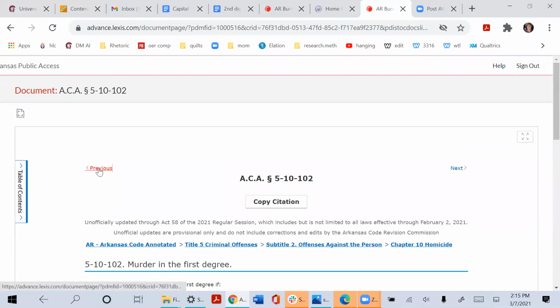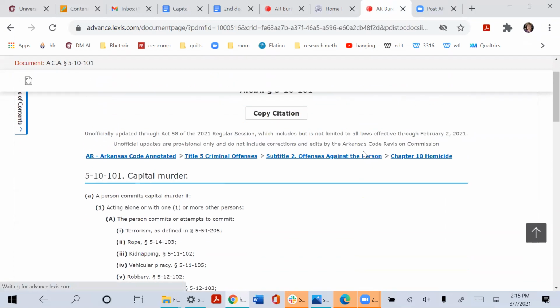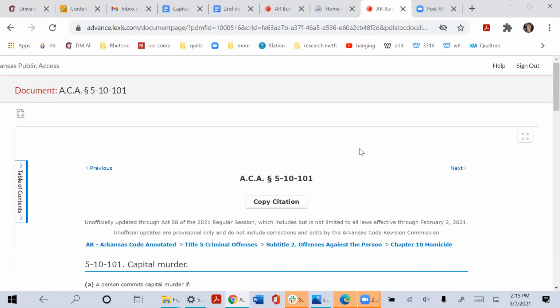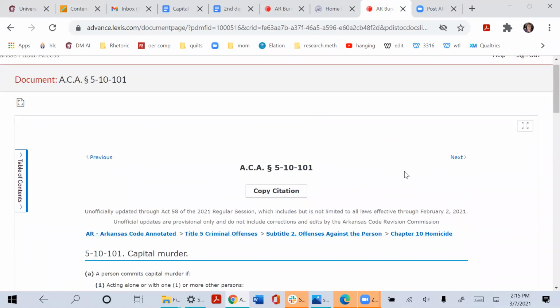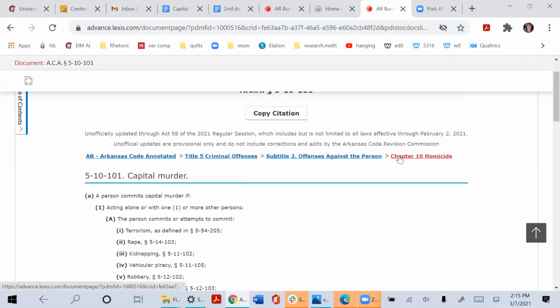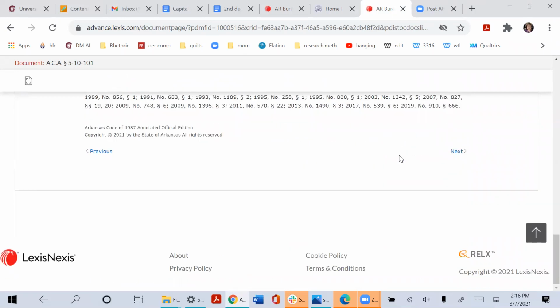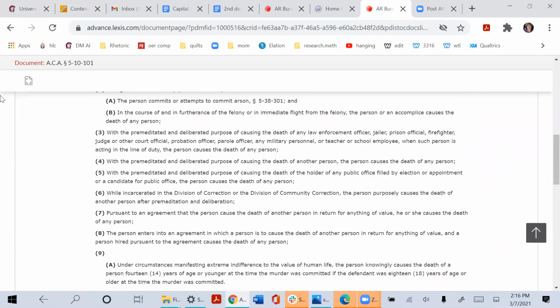You may not need to do that with the second degree statute because there's not as much on there. But you may need to do that, especially with the capital murder statute, because you see the capital murder statute and it goes on quite a bit.